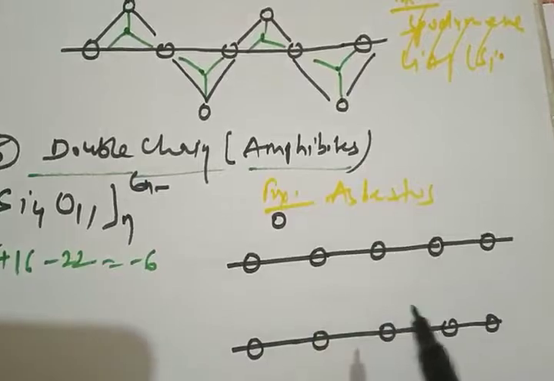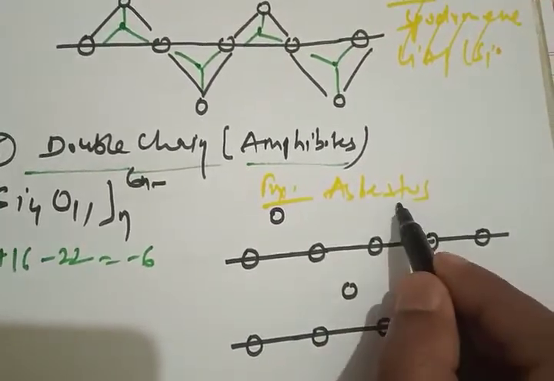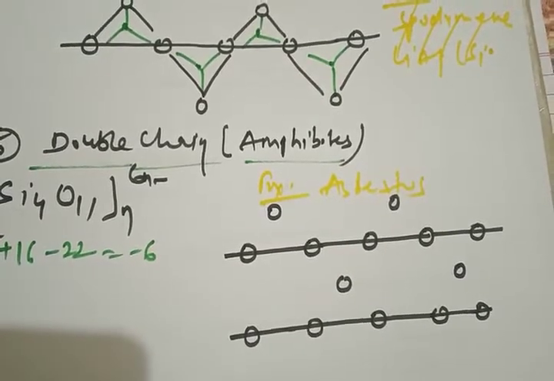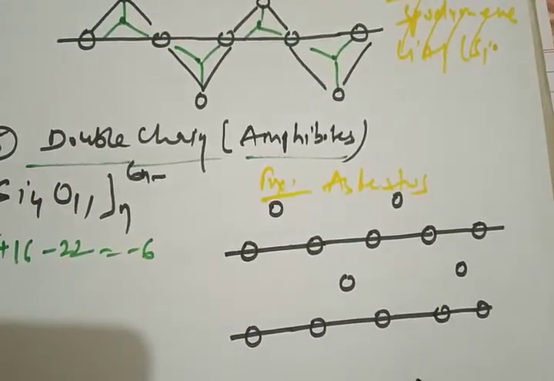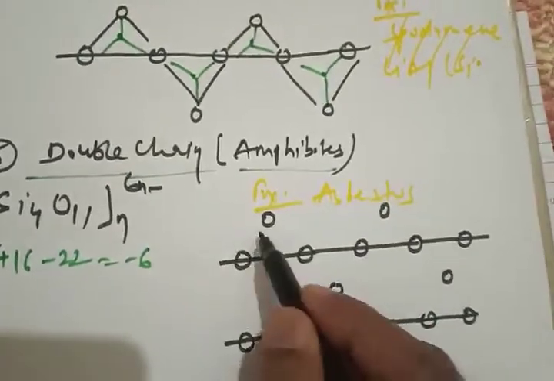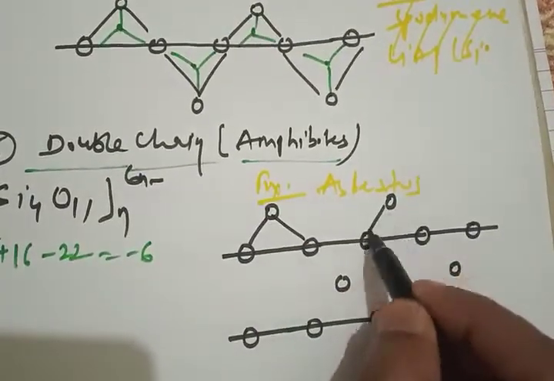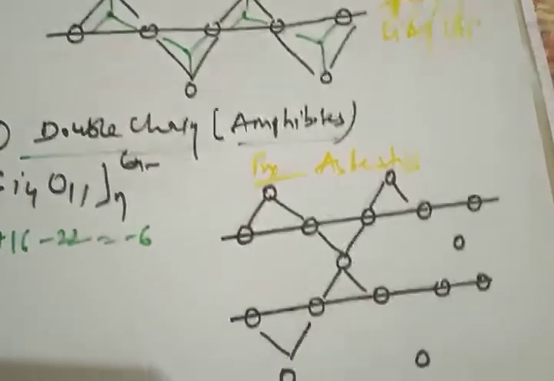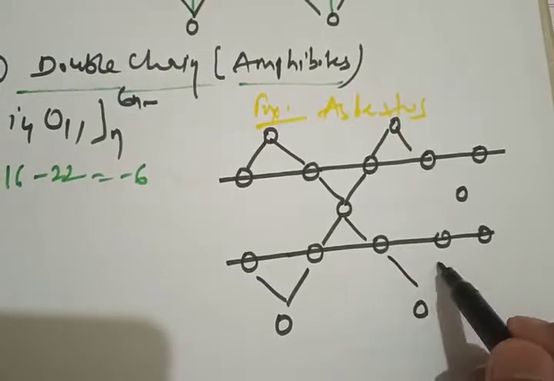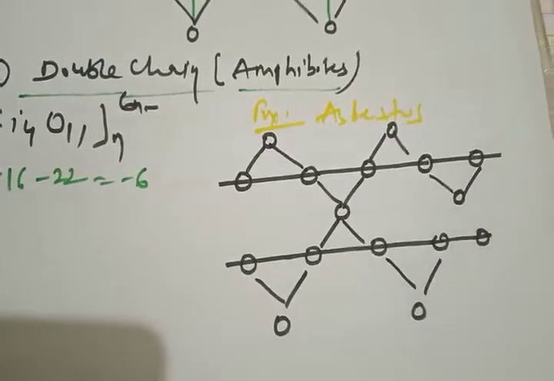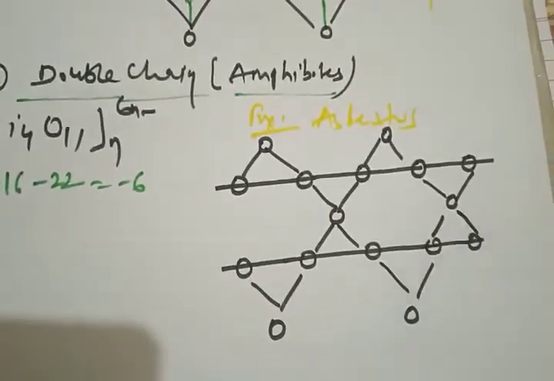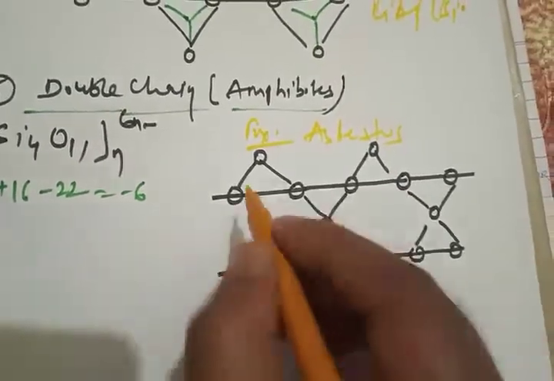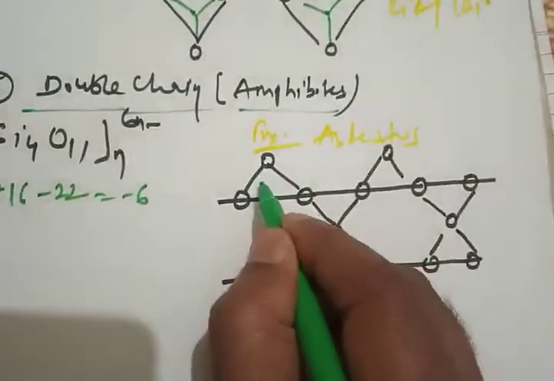Then put one oxygen here, one oxygen here, one oxygen here, one oxygen here, one oxygen here, one oxygen here, one oxygen here. Then we will combine this. So now we'll put the silicon.